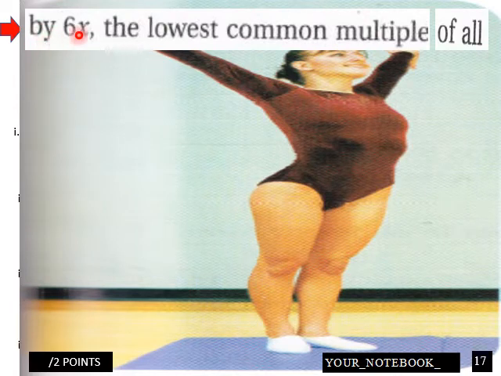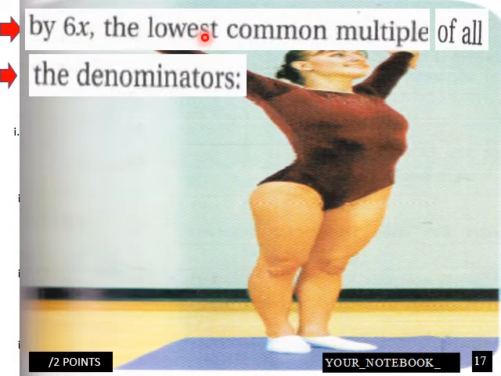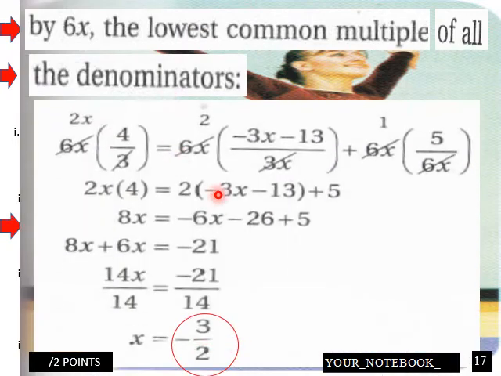Multiply both by 6x, the lowest common multiple of all the denominators. So in this situation up here, if we multiply everything by 6x, the original was a 6x and the 3x's are denominators. So we multiply everything, the whole expression, by 6x.